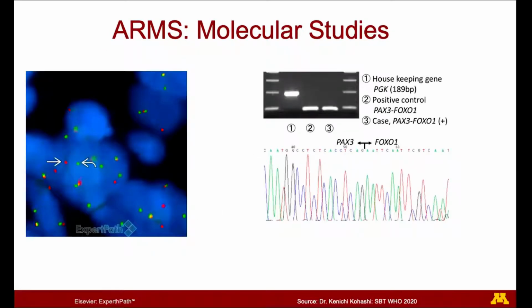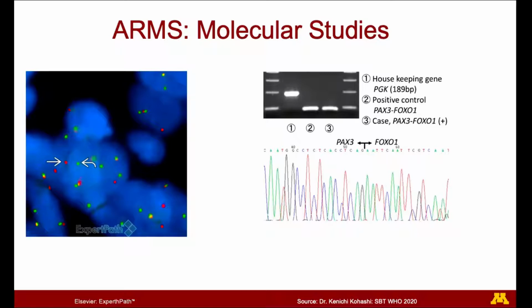Importantly, molecular studies are essential for all newly diagnosed alveolar rhabdomyosarcomas and are routinely performed. The detection of PAX3-FOXO1 fusion or PAX7-FOXO1 fusion can be done by FISH, like this example, which shows dual color break-apart probes for the FOXO1 gene on chromosome 13, and split red and green signals, which show an abnormal clone with a translocation involving FOXO1.